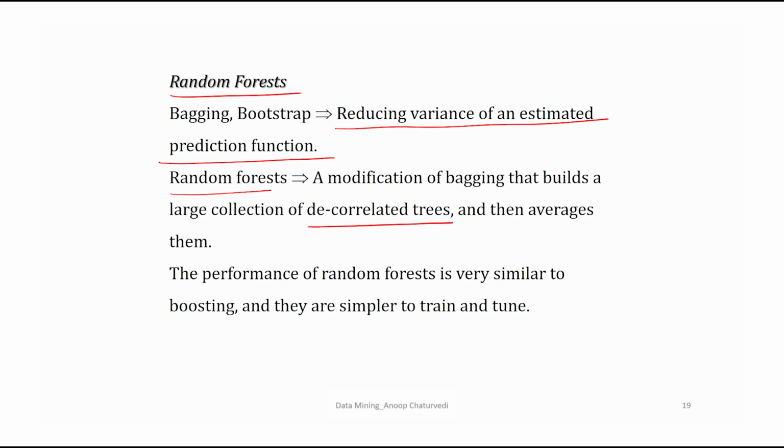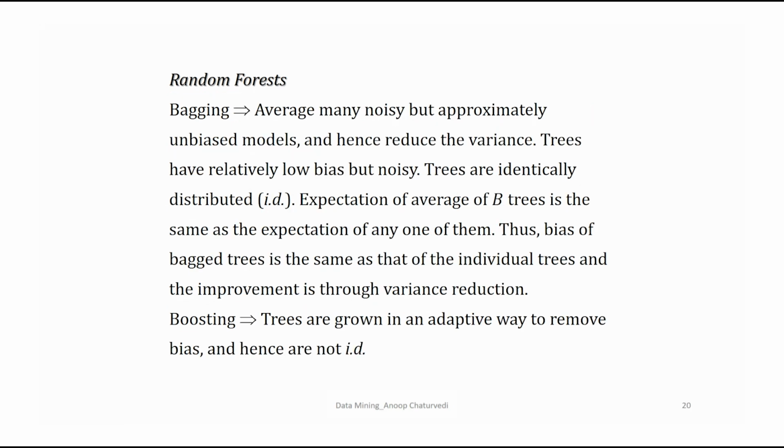The performance of random forests is very similar to boosting, and they are simpler to train and tune. In bagging, we average many noisy but approximately unbiased models, so it reduces the variance.